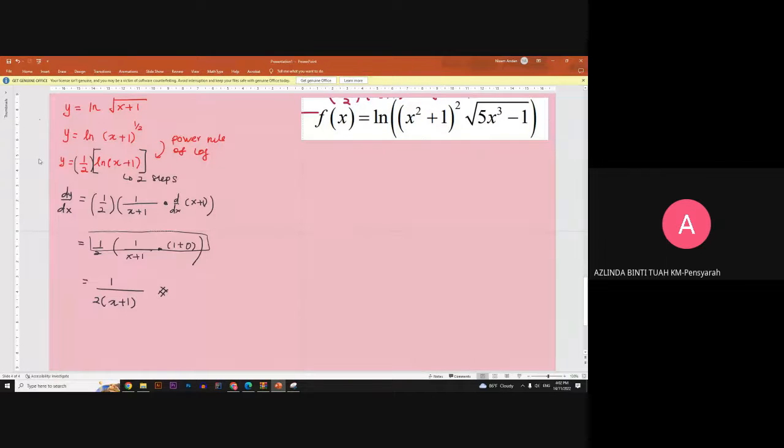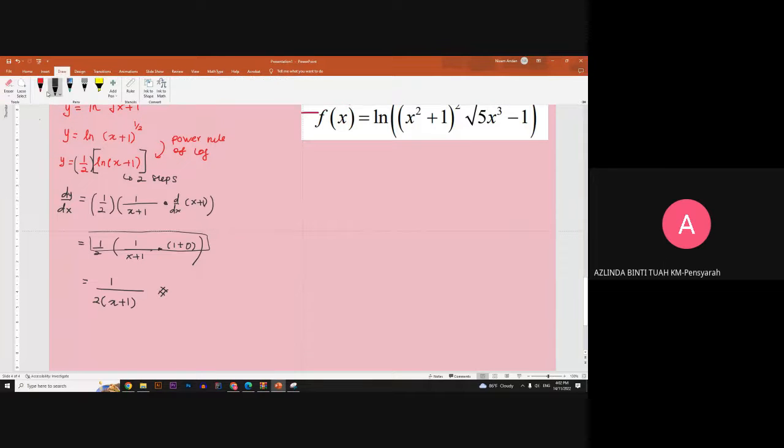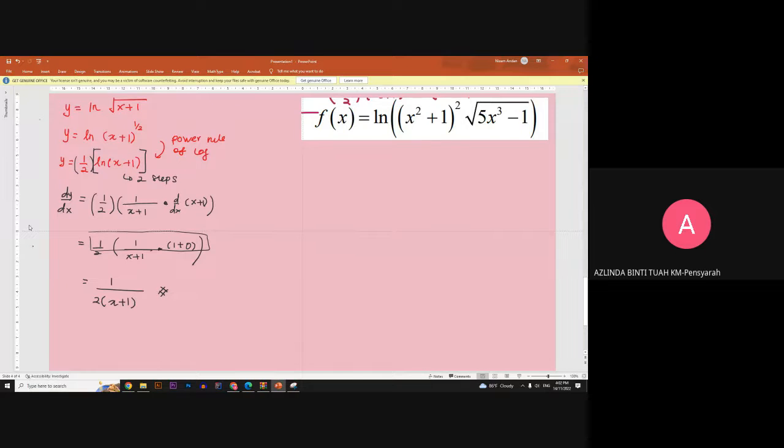Okay, now we have this. I'm going to simplify the question by applying rules of log. Which one? This one.